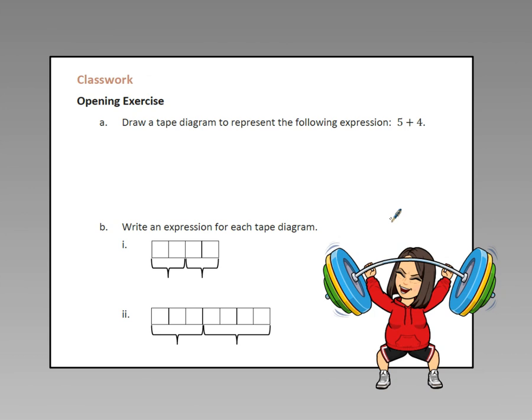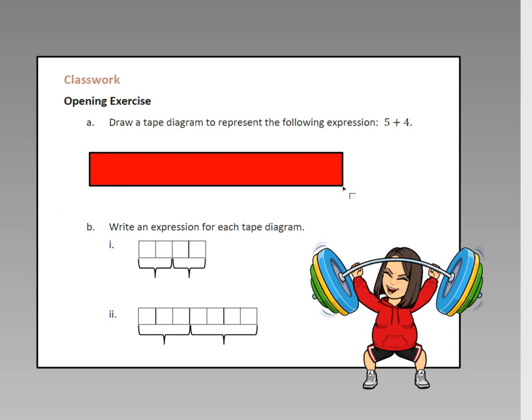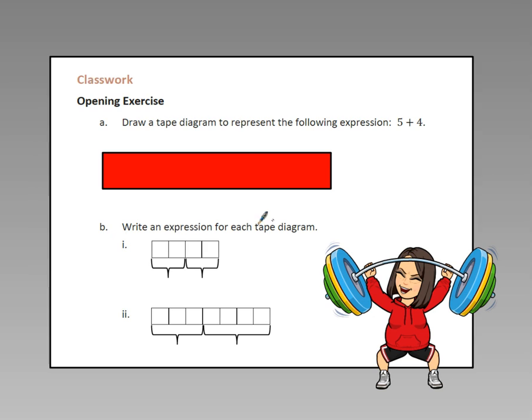As we take a look in your book, we are looking at the very first page, and it says draw a tape diagram to represent the following here. So tape diagram's pretty simple. We know we draw it out. And we know that we need a 5 and a 4. So we're going to have to go 1, 2, 3, 4 cuts, which there would be my 5.